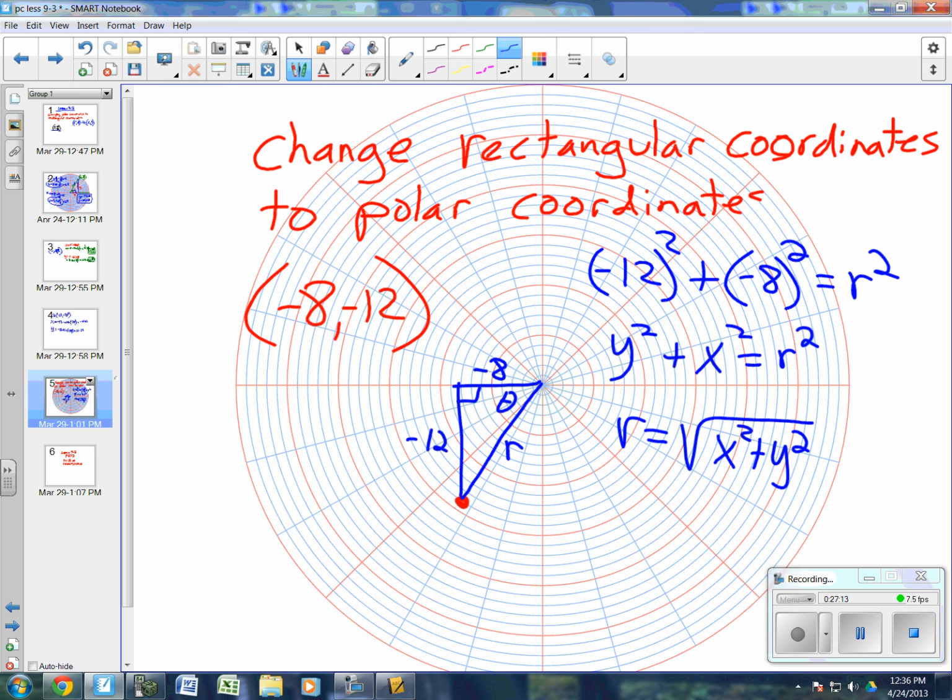You have to look to see where your number is to determine that, and we'll get to that part.